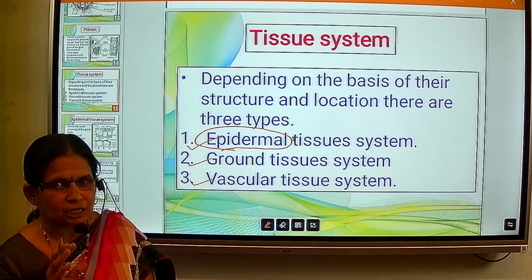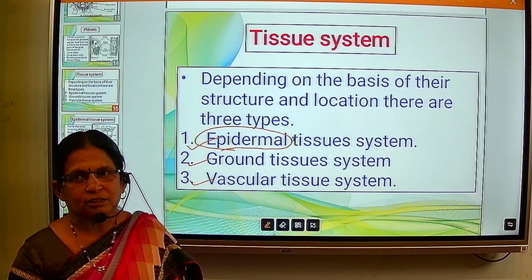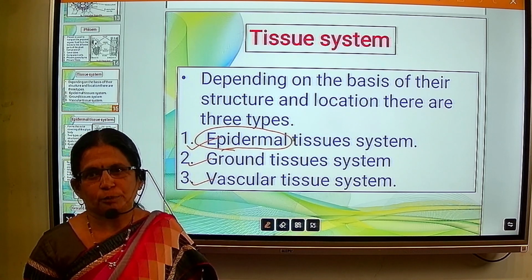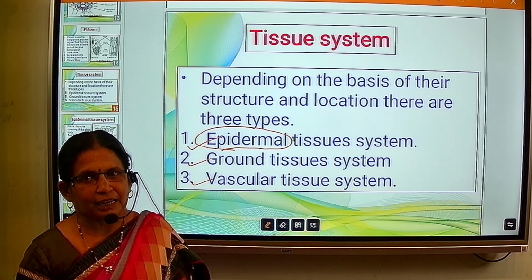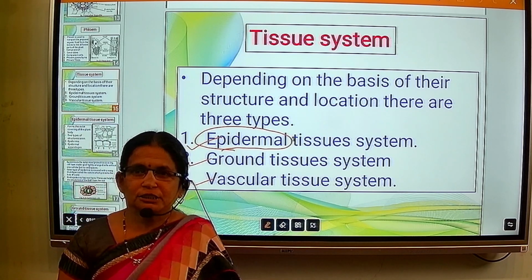Now the tissues which are at the outer layer, which mainly function for protection of the organs, are known as epidermal tissues.